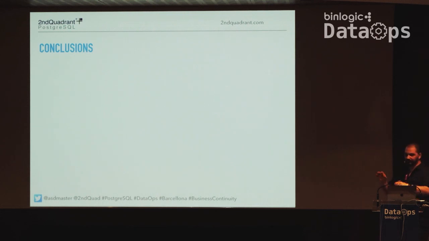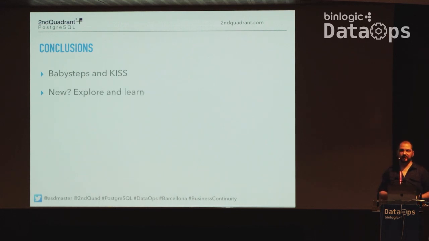Conclusion of all of this: start with baby steps and keep it simple. As I showed you, you start with a single server. In a matter of 45 minutes, I explained to you how to reach the 100, okay? Another important thing is invest in learning, because everything seems new to you, okay? And the only way to achieve your result is to achieve mastery. So learn and explore.